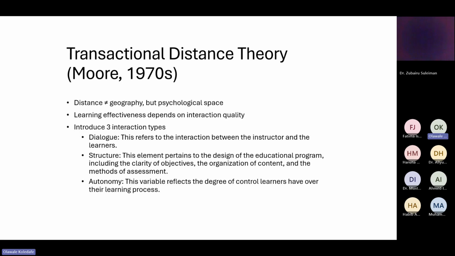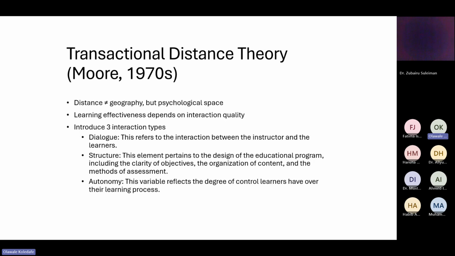Then the structure, of course, the teacher will give you handouts and ask you to do a lot of assignments. But all these are done at the expense of the learner's autonomy. The learners are not in charge. The absolute control is with the teacher, and he doesn't want to trade that autonomy for anything.